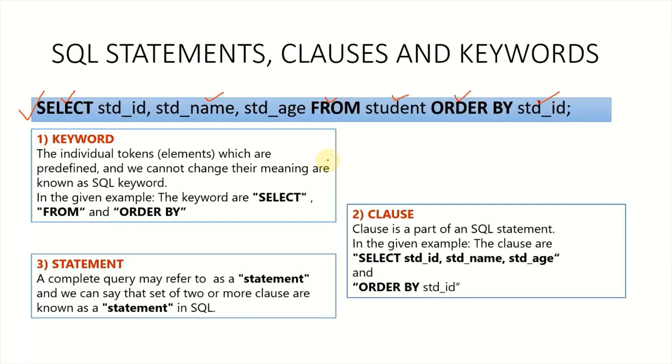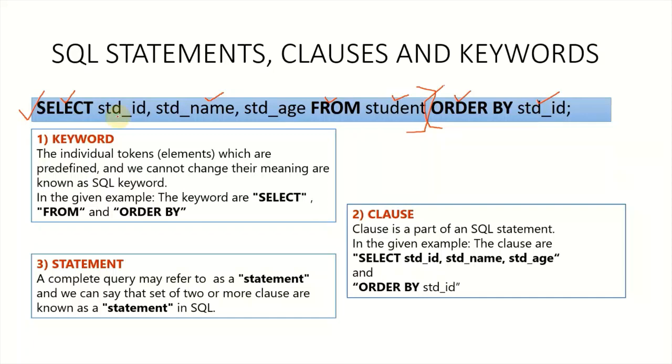Next we have clauses. In this statement we have actually two parts. The first part is from select to student and the second part is from order by to student ID. So here we have two clauses actually. A clause is a part of an SQL statement. In the given example there are two clauses.